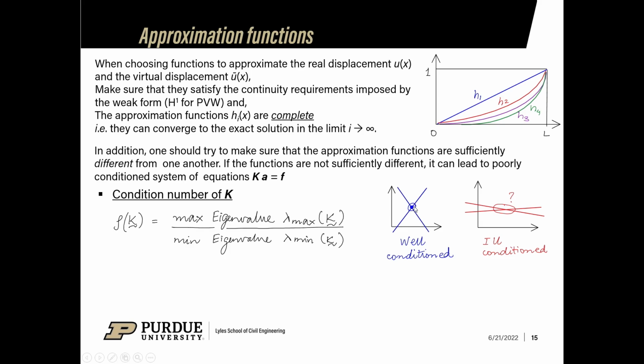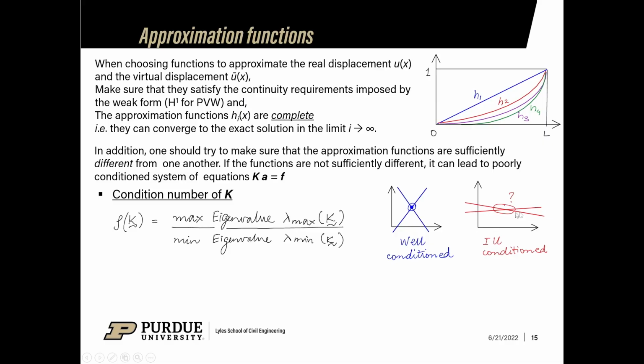Now, if a system is well conditioned, then those two lines will intersect very clearly in a single point, and the computer will be able to find that point reasonably accurately.